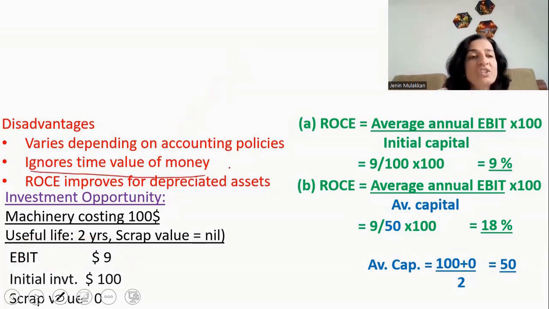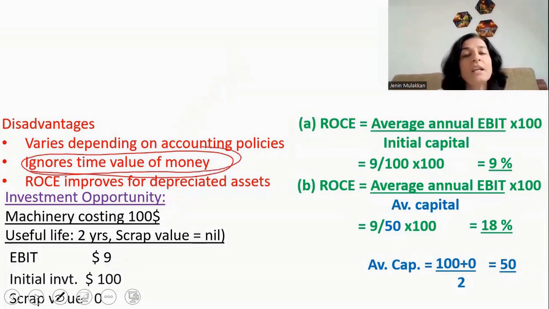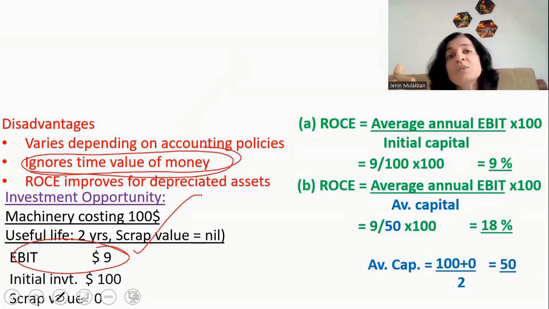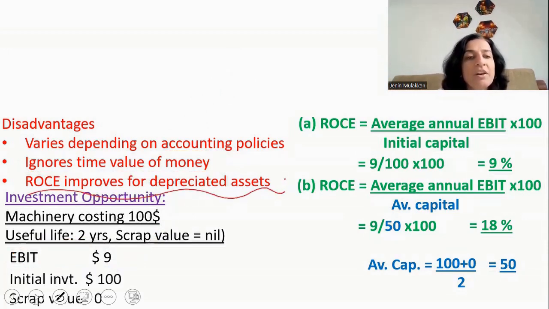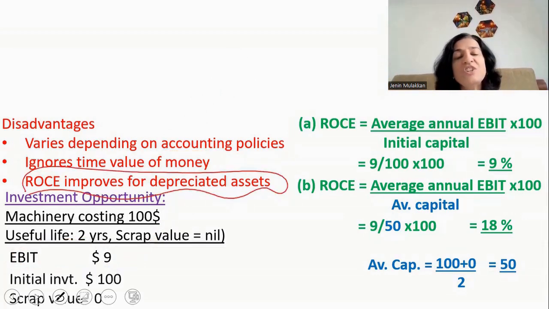And the second disadvantage is it ignores the time value of money. Again, since this is profit-based, we are not taking into consideration the cash flows. If you see here, earnings before interest and tax is after reducing depreciation, which is a non-cash expenditure. So we are not worried about the cash flows. The timing of cash flows is very important for any organization. And return on capital employed improves for depreciated assets.